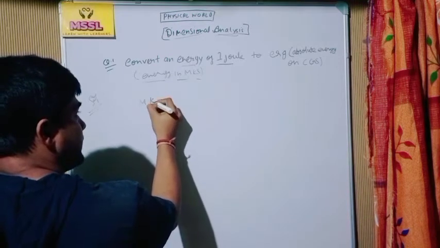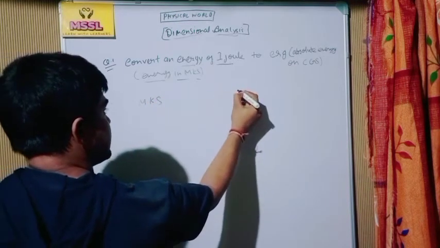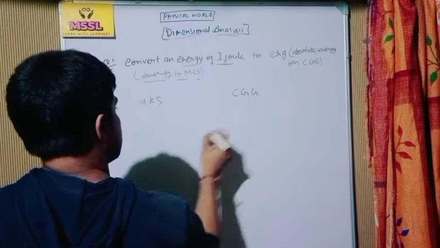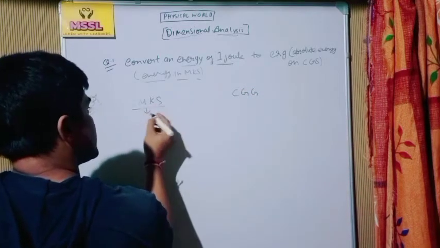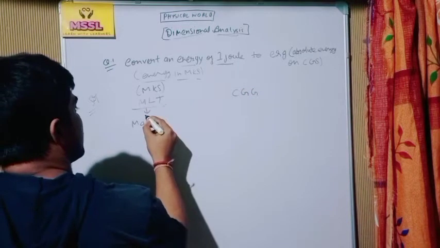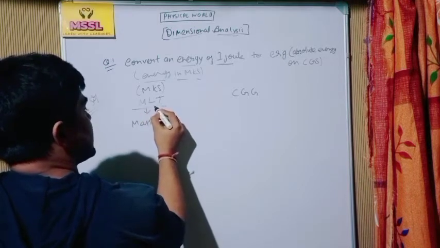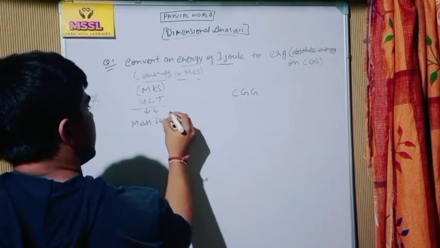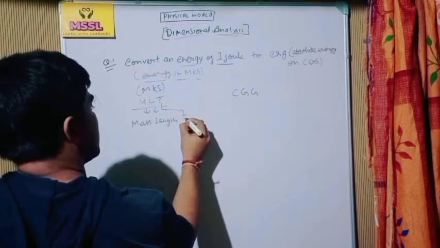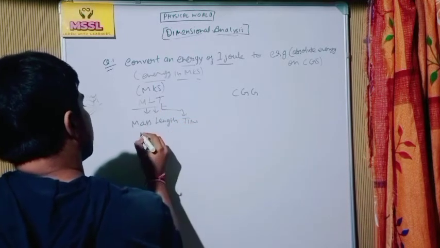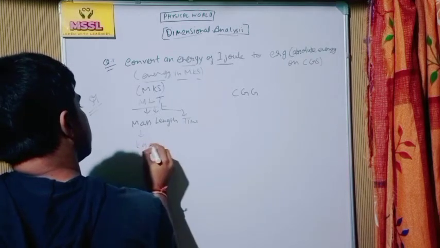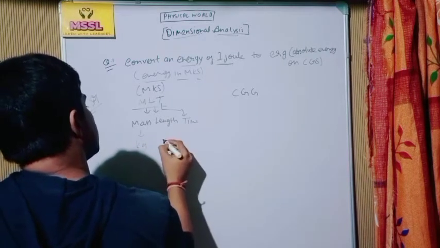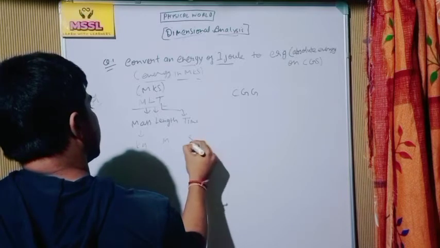As you all know, in MKS, M stands for mass, L is for length, and T is for time. So for mass it's kg, then meter, and the second.